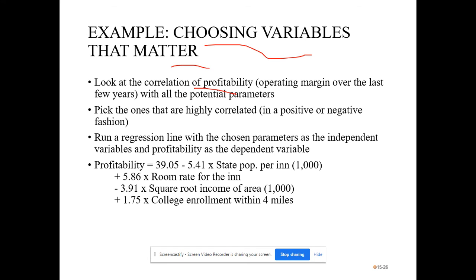We look at the correlation of profitability with all the potential parameters, and then we look at the highly correlated independent variables. Then we run a regression with the chosen independent variables, with profitability as the dependent variable.